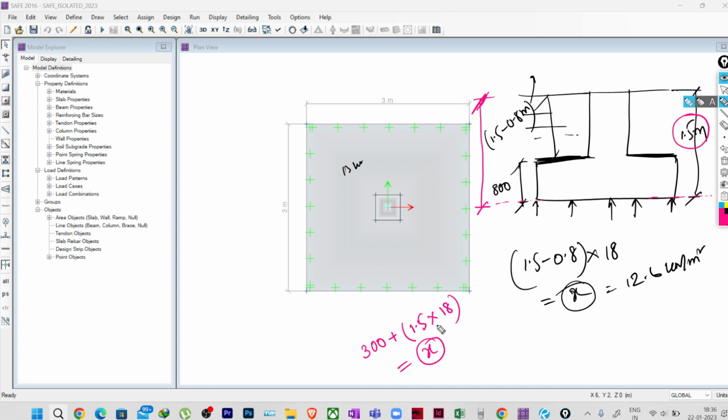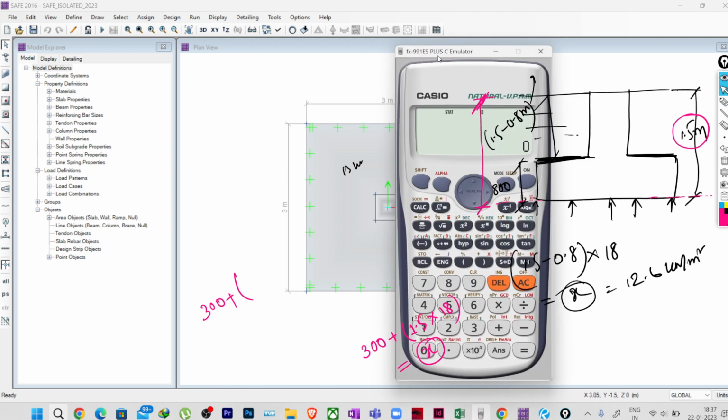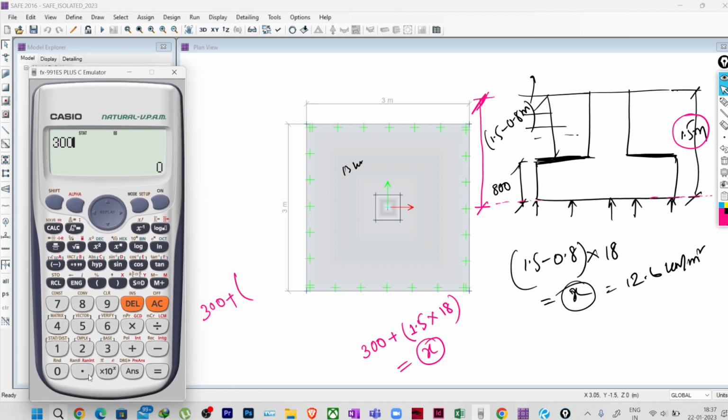Earlier, I think I explained it like this: 300 plus, let me just calculate this. How much will we get for 300 plus 1.5 multiplied by 18?